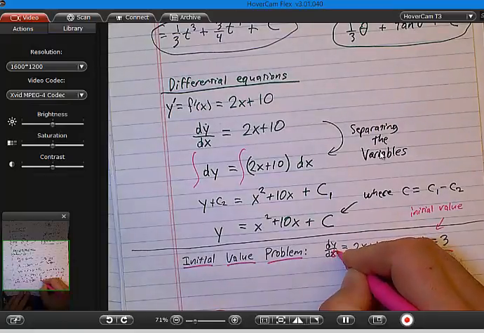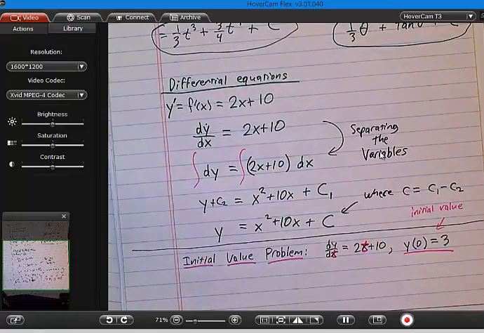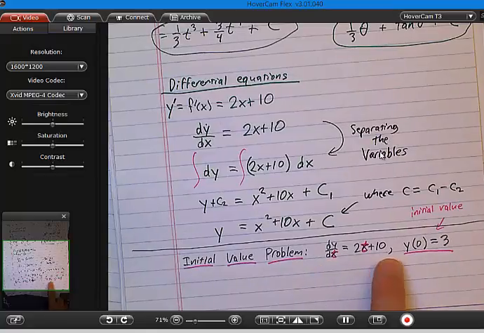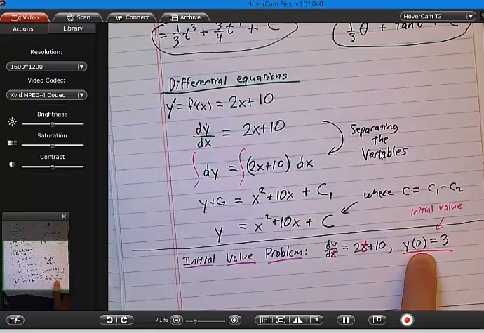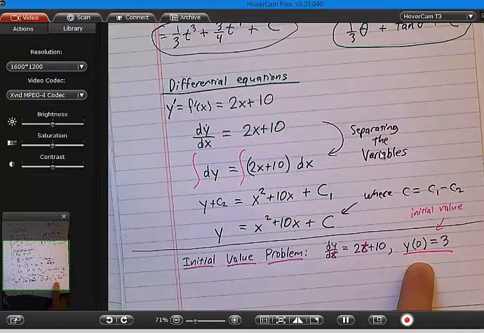The reason this is called an initial value problem is because right here, this is what's called my initial value. I mean, it's funny because I wrote x, but let me change the x's to t's. Because a lot of times the input for a differential equation might be t, where t stands for time, in some units, maybe seconds, for instance, right? And so I'm thinking that the derivative with respect to time is 2t plus 10. But then you can see why we call this the initial value, because this is when the time is 0.